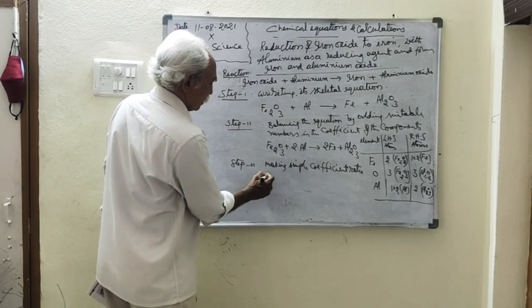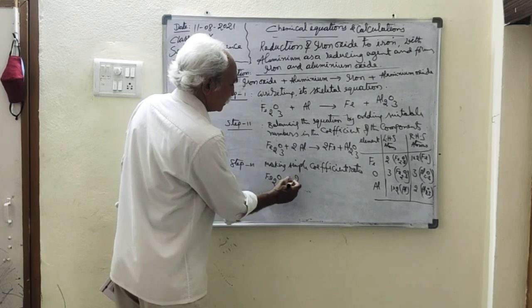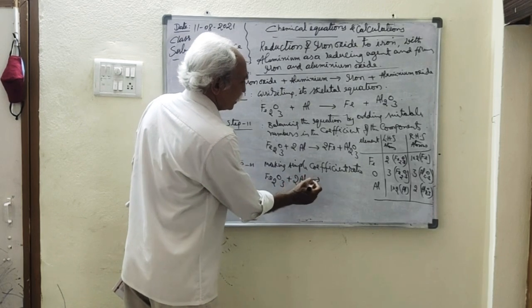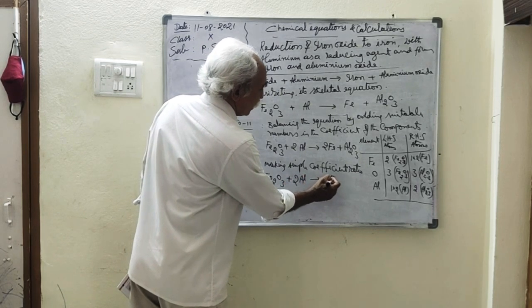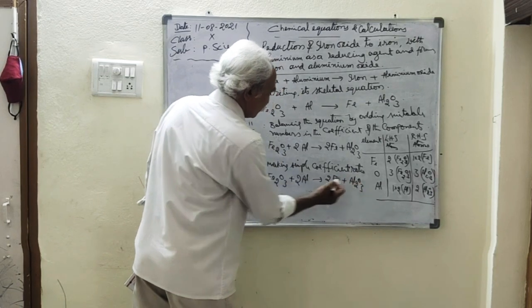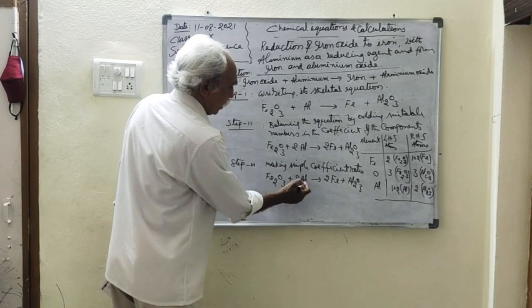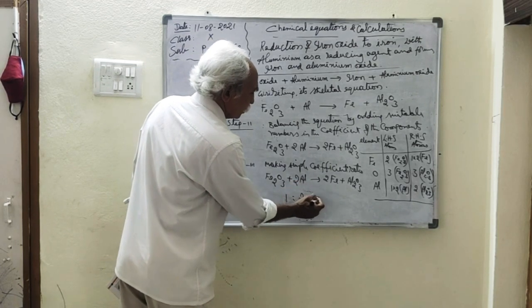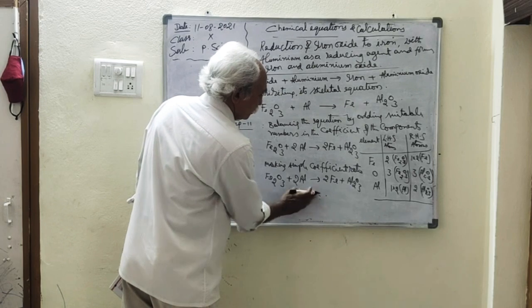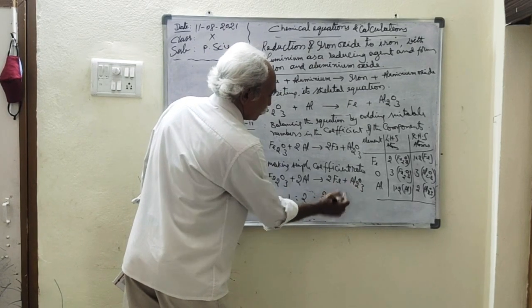Simple coefficient ratio means Fe2O3 plus 2Al gives rise to 2Fe plus Al2O3. So from this equation, Fe2O3 coefficient number is 1, aluminum coefficient number is 2, iron coefficient number is 2, and aluminum oxide coefficient number is 1.